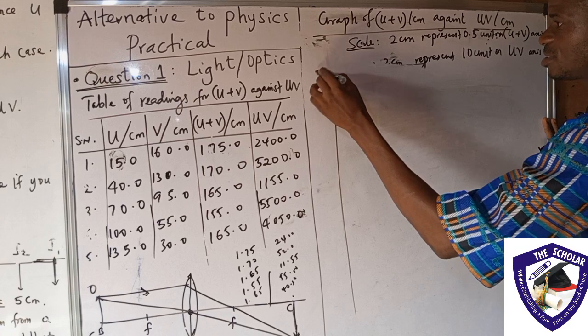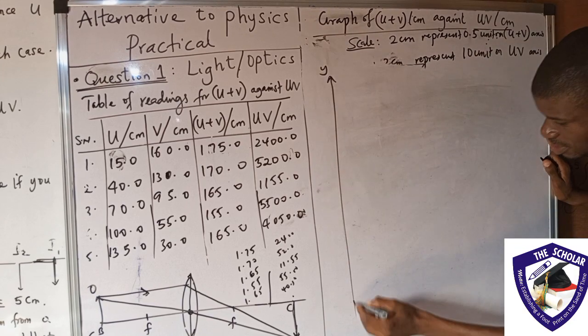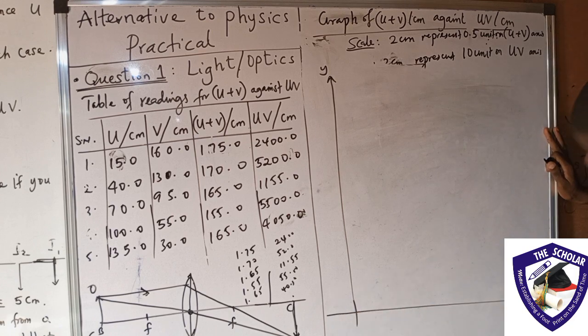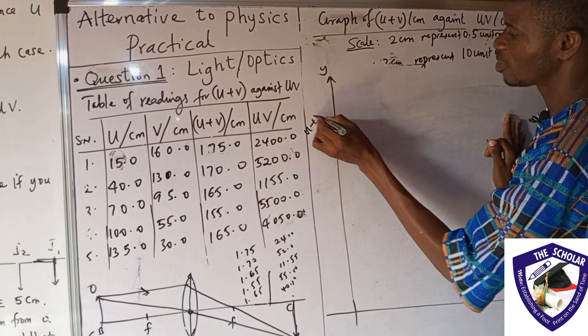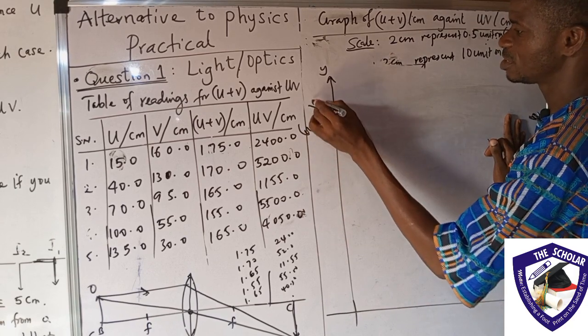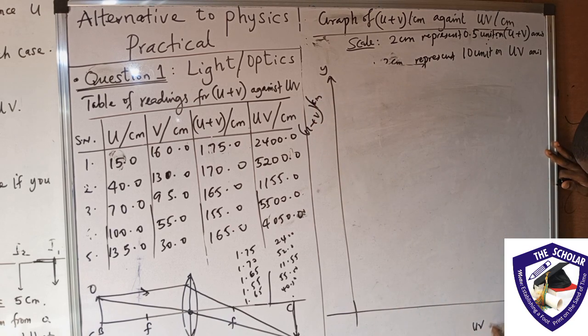This is my vertical axis, the y-axis. This is my x-axis. So on this vertical axis, you write U plus V in centimeter, while here you have UV in centimeter. This is how you title your graph.